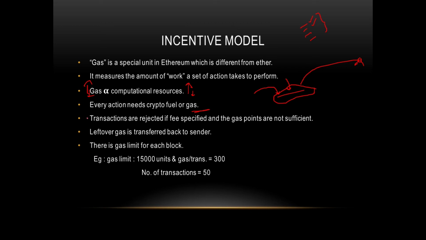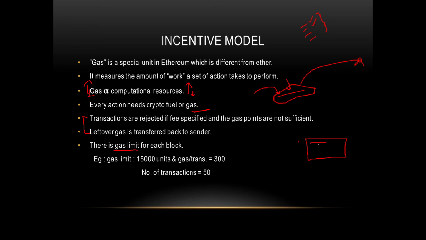So these 2 points are basically for gas in transactions. Now what about gas in blocks? In Ethereum you could put as many transactions as you want in a block, so what stops you from putting all the transactions in a block? That is this gas. There is a gas limit for each block. Every sender puts some gas with his transaction, so there is a limit.